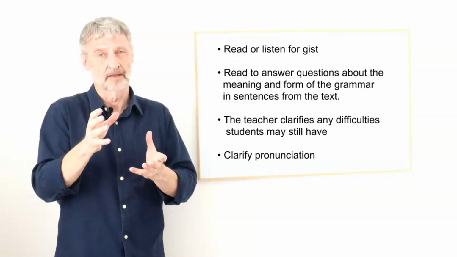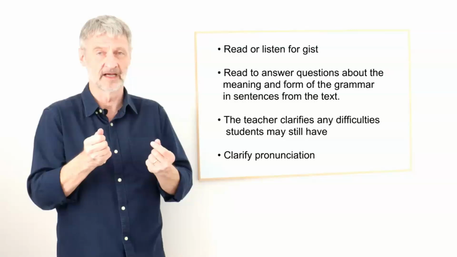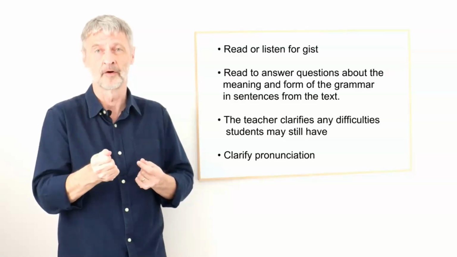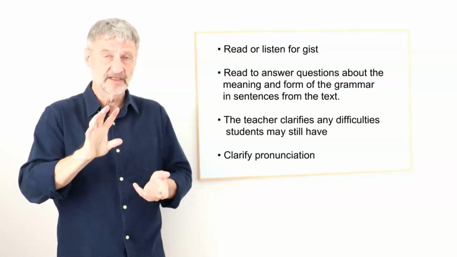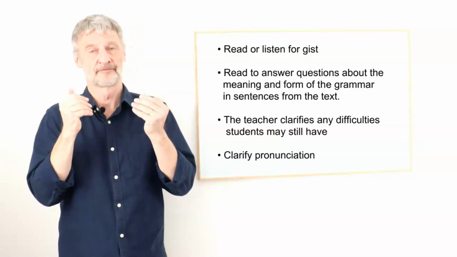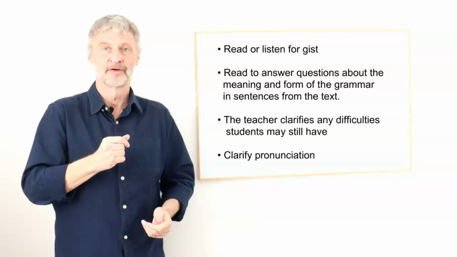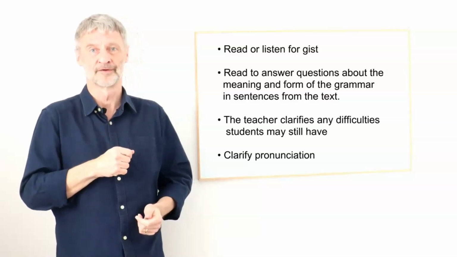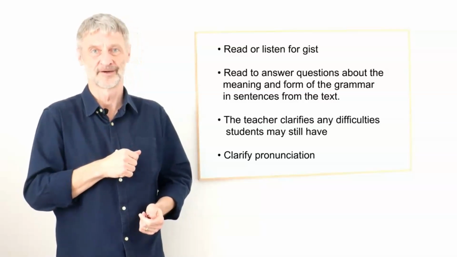When this part is over and students have their own idea of the form and the meaning, the teacher needs to check that they understood it right. And then finally, you can, as a teacher, work on the pronunciation of the target language.